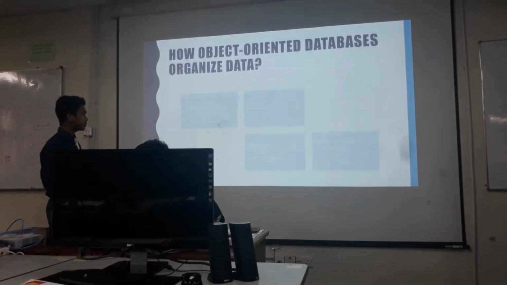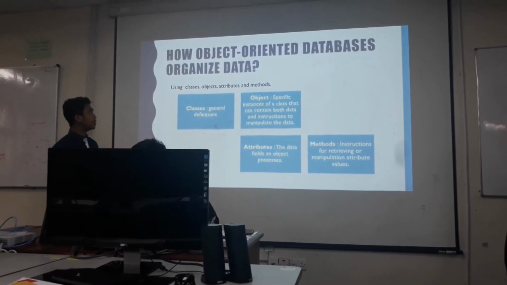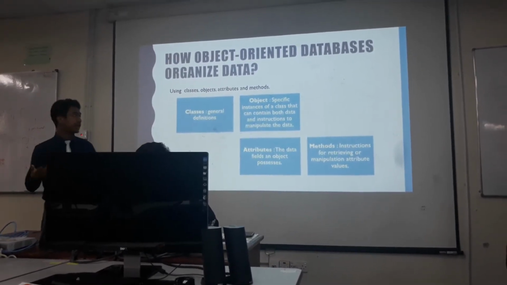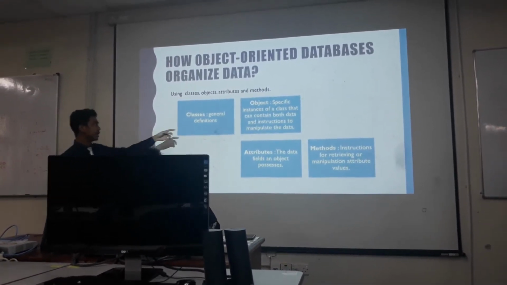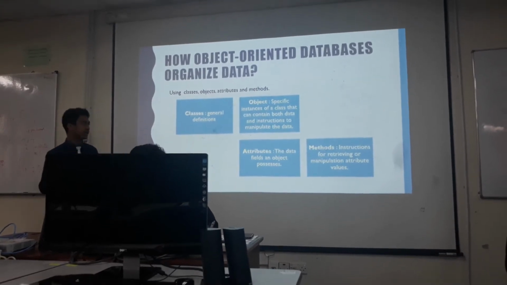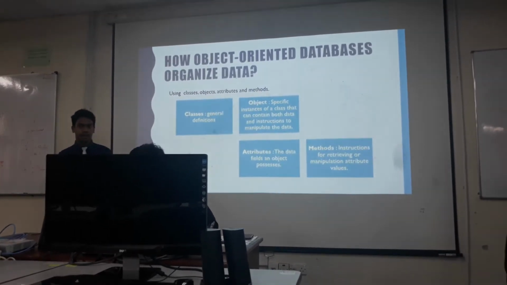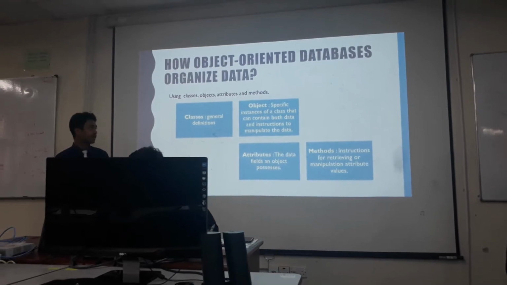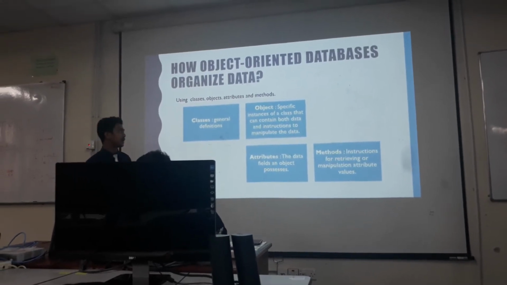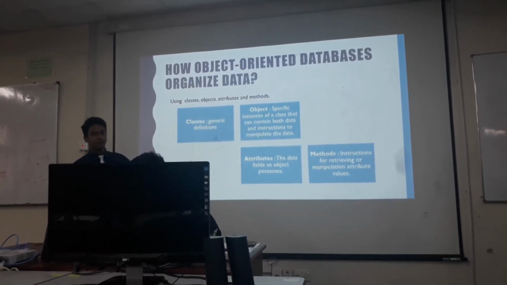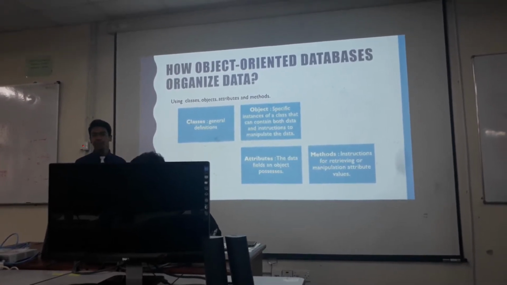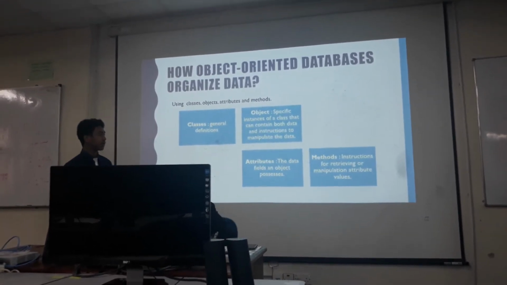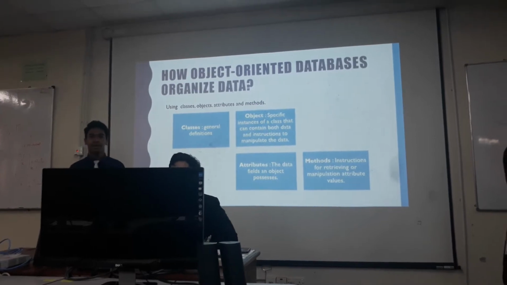So next. How does an object-oriented database organize the data? The first one is the class, a general definition. It will be the head of the file of the data. Under the classes, we have the objects. Objects are specific instances of a class and can contain both data and instructions to manipulate data.